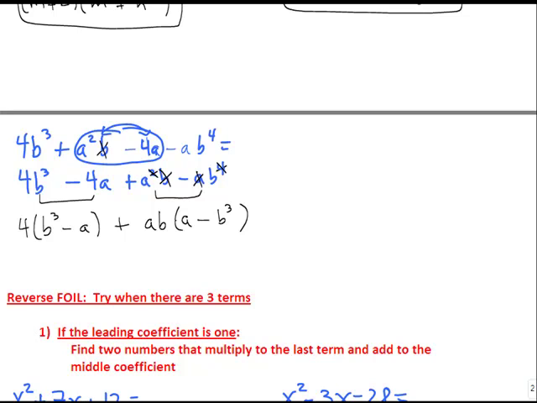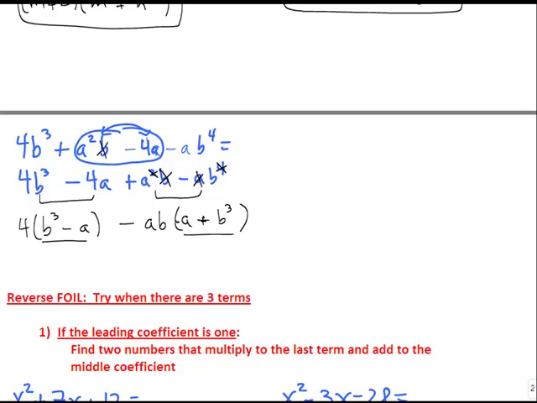So now compare what's in the parentheses. We have b cubed minus a here, and a minus b cubed here. We're almost there, right? These are almost identical. The only problem now is they are opposites. So how do we fix that? How do we change the signs really easily? Well, we change this plus to a minus, and we factor out a negative so that this a becomes minus and this b cubed becomes plus.